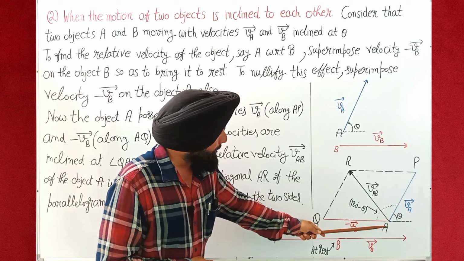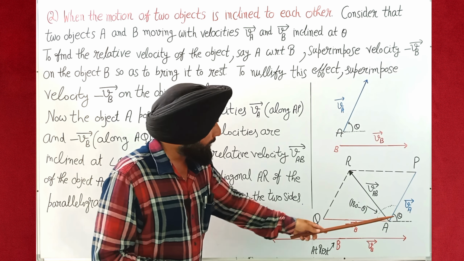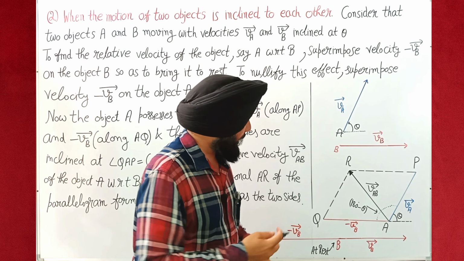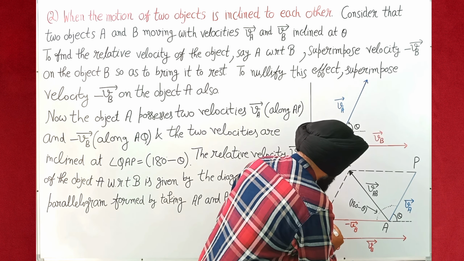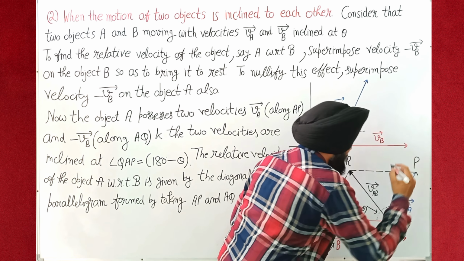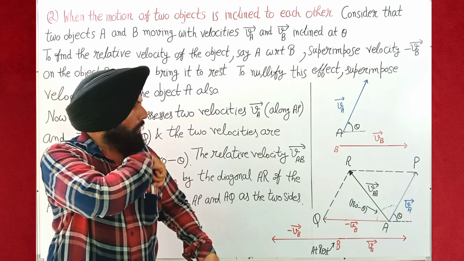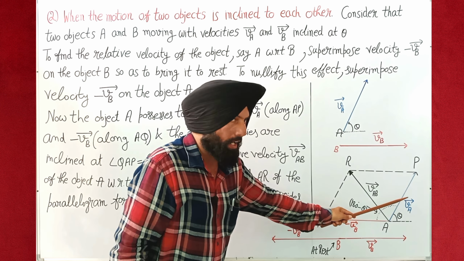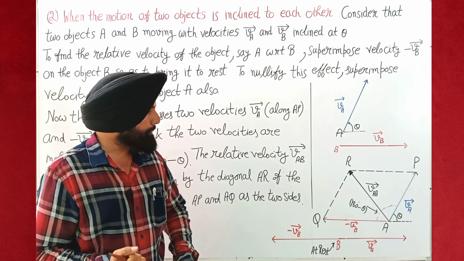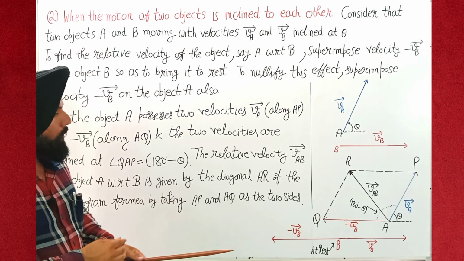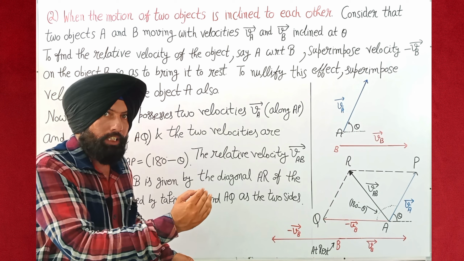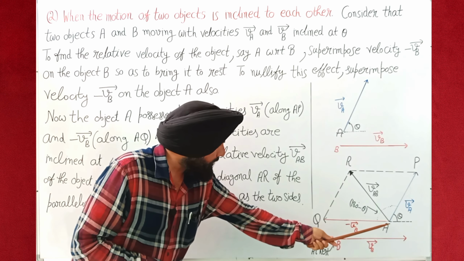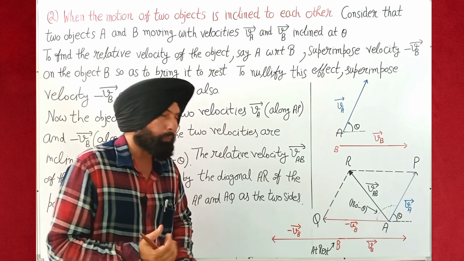Now object A having velocity VA vector can be denoted by this vector here. So AP represents velocity vector VA of object A. Now we have to superimpose minus VB vector velocity on it. So this is represented by AQ.